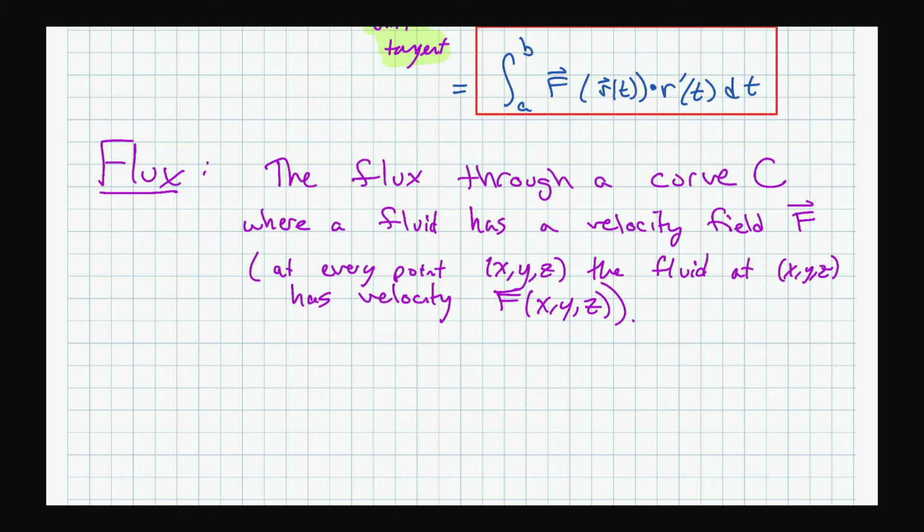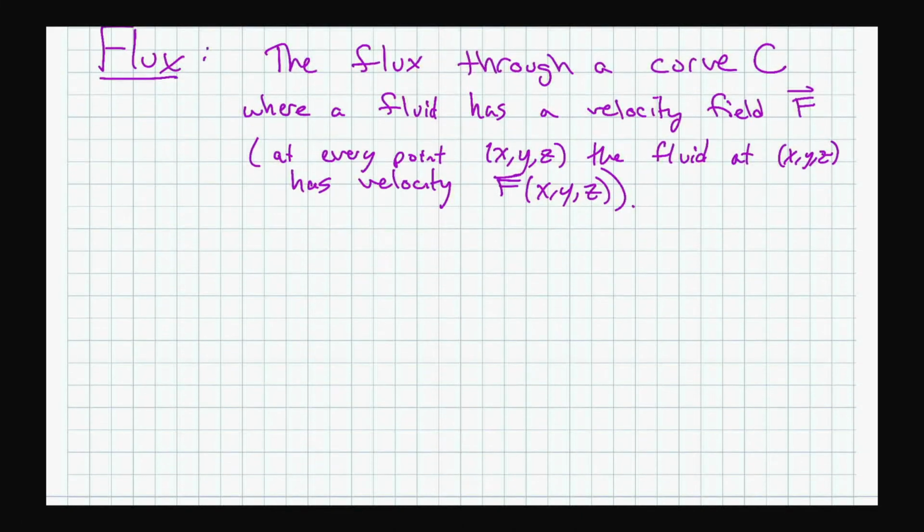So the vector field is like the flow lines of the fluid. So what does that mean? The flux through a curve C where the fluid has velocity field F is the quantity of fluid that's flowing through that.